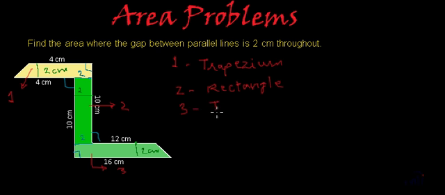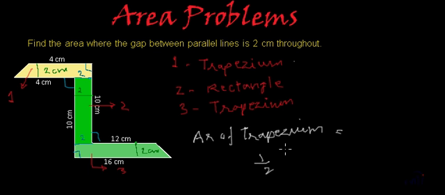This is also a trapezium. Right? Yes. So what is the area of a trapezium? Area of a trapezium is 1 by 2 times the sum of parallel lines multiplied by height.